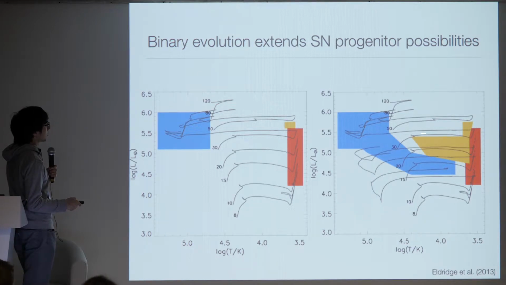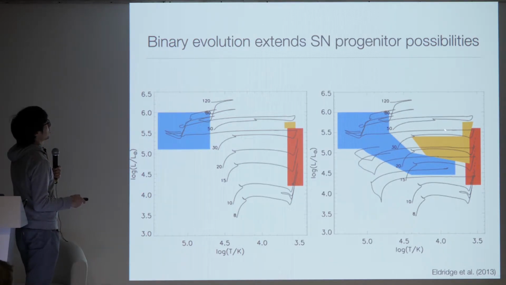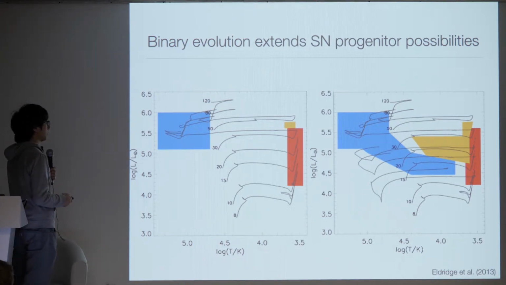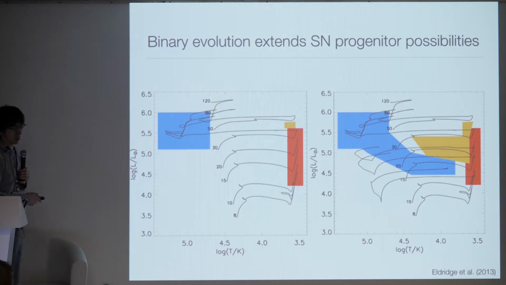In that case, the star will end up in this region, which is called yellow supergiants. And these progenitors can also be naturally explained by binary evolution.